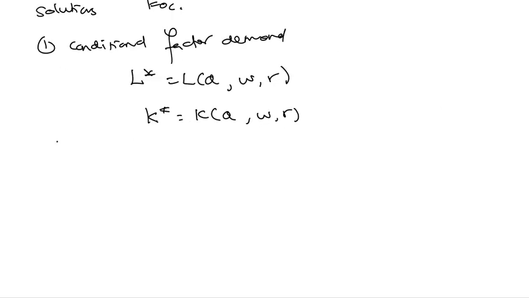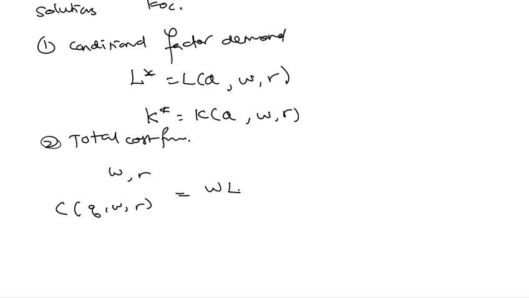And the second thing is the total cost function. Okay, this total cost function that we obtain from this cost minimization problem provides the minimum cost of producing output Q at prices of W and R. So we have cost as a function of Q, W, and R, in which W times the optimal level of L, plus R times the optimal level of capital.